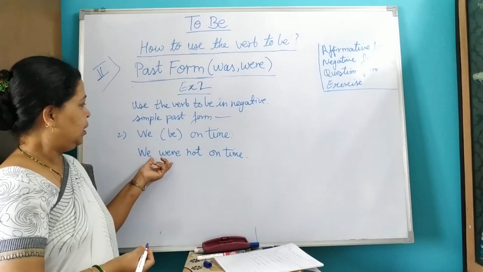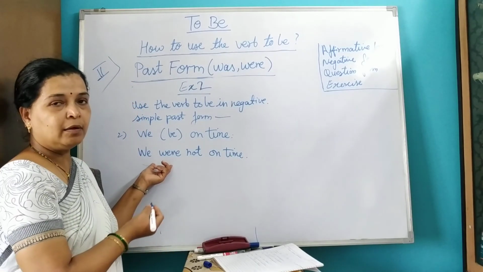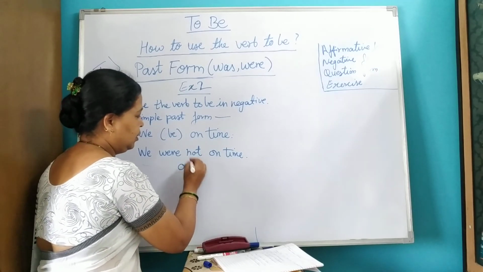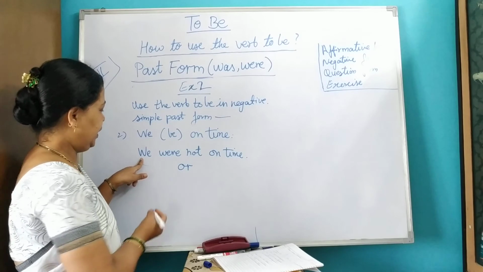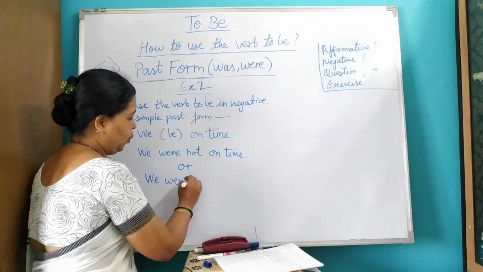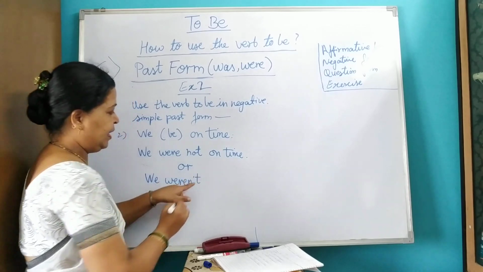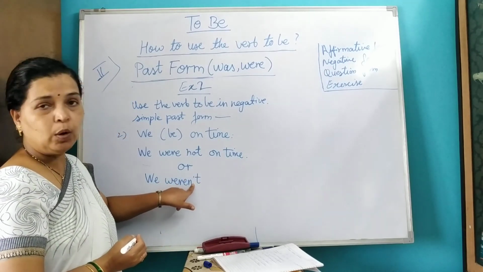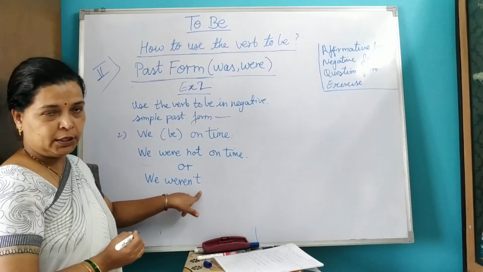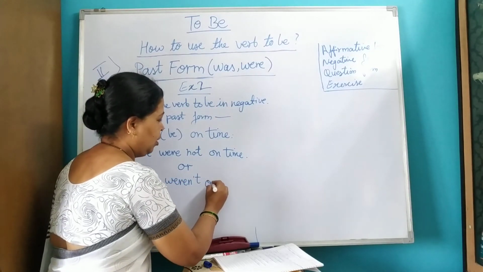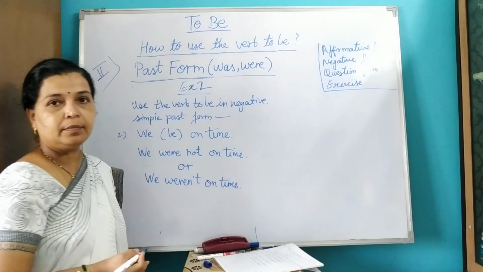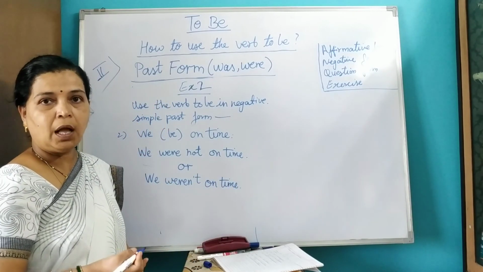Okay. Now, can we write in the contracted form? Yes, we can write it. How to do it? We were, in place of vowel O, we put an apostrophe. We weren't on time. Okay, understood how to do it?